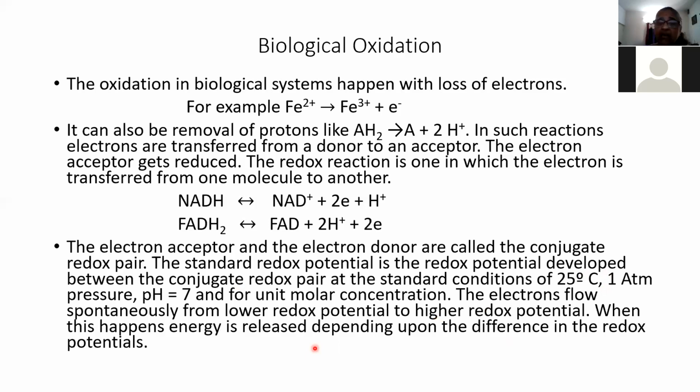How much energy is released depends upon the difference in redox potentials, that is, upon the donor and the acceptor, and the redox potential difference between the lower and the higher. That much amount of energy is released. So how it actually happens, we will see in the electron transport chain.